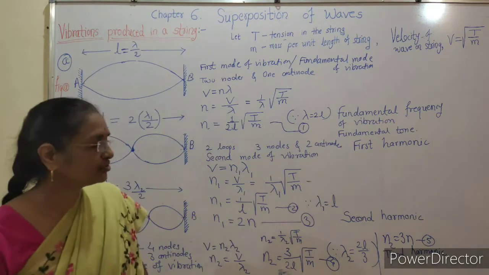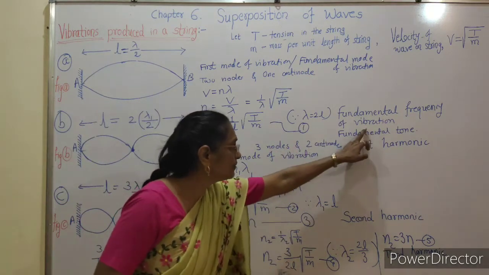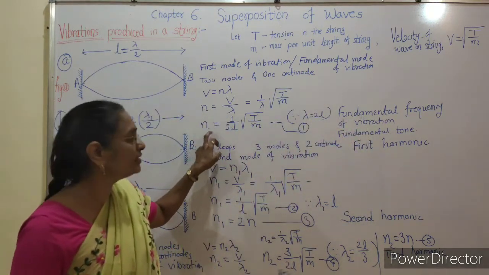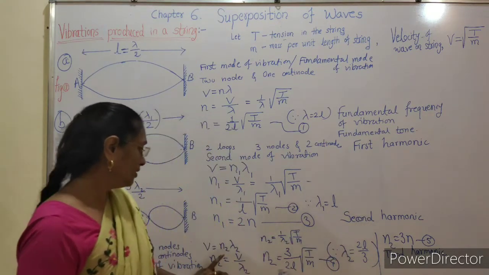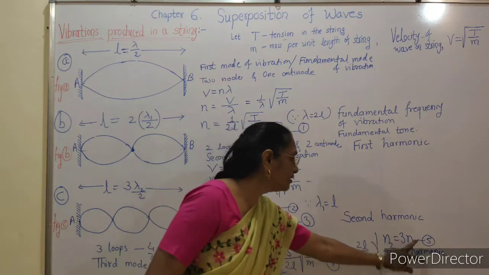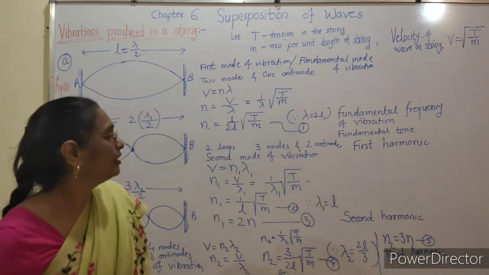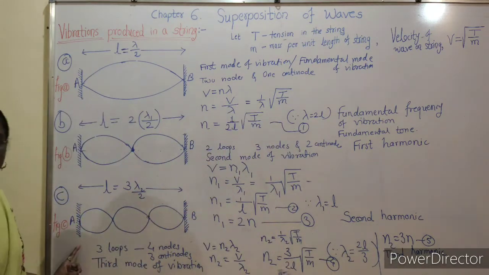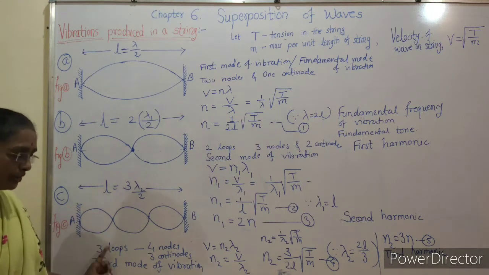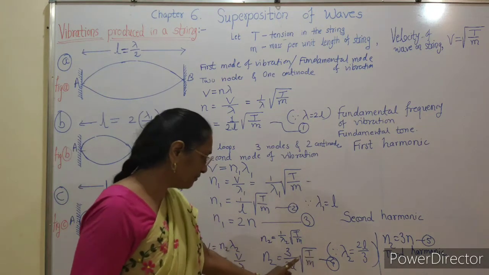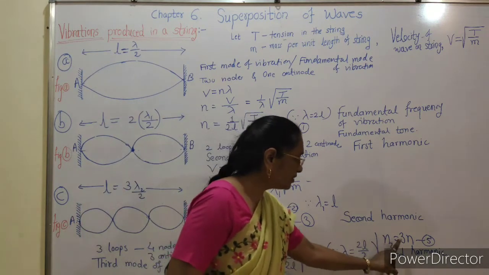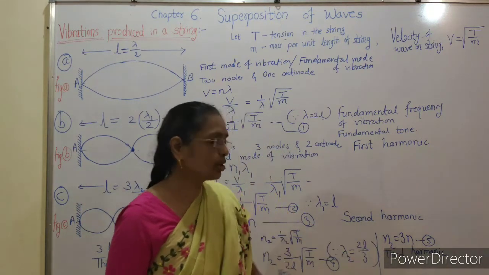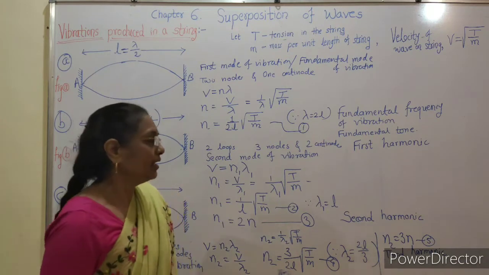Discussion is continued here. This is the first harmonic. 1N is the first harmonic, 2N is the second harmonic, 3N is the third harmonic. So for the third mode of vibration, we obtain the frequency N2 equal to 3 into N. It is called the third harmonic.